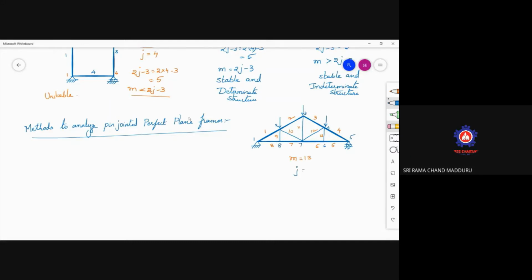So j is equal to 8. 2j minus 3 is 2 into 8 minus 3, 16 minus 3, 13. So m is equal to 2j minus 3. The number of members is equal to 2j minus 3. This given frame is a perfect pin jointed frame.